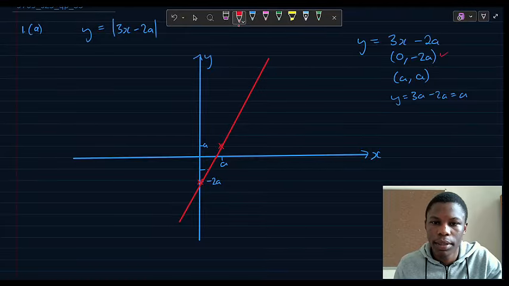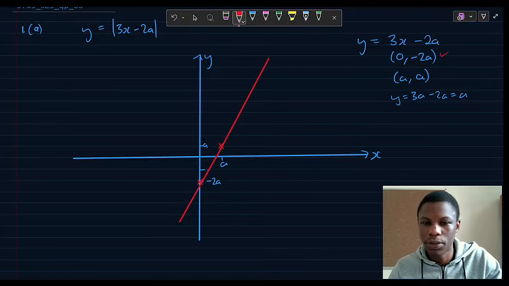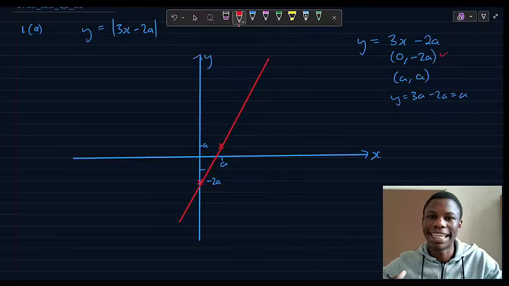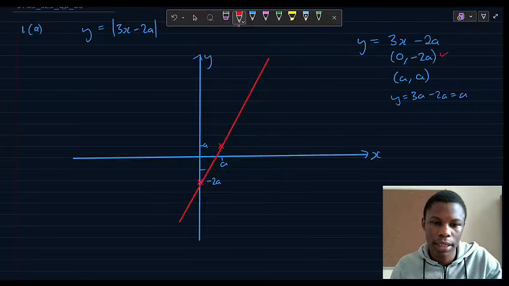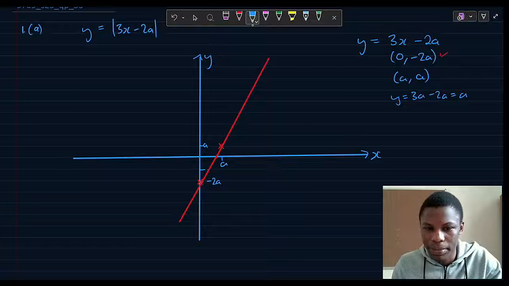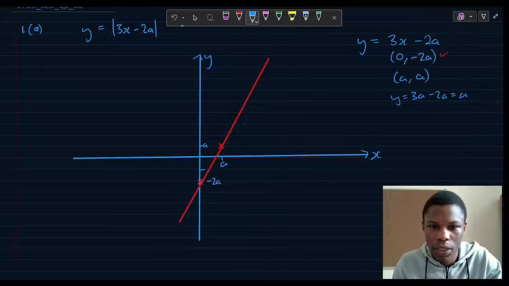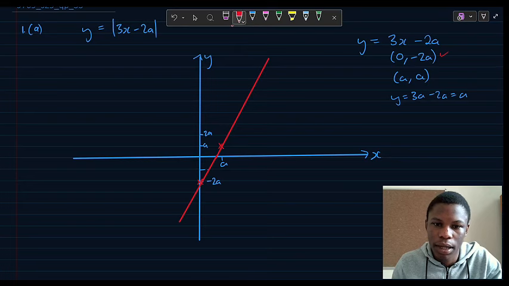Like that. And the next thing to do is we want to reflect anything that's below the x-axis, because that's exactly what the modulus function does. So notice that this line is intersecting at negative 2a. So if we reflect it, it has to intersect at positive 2a.